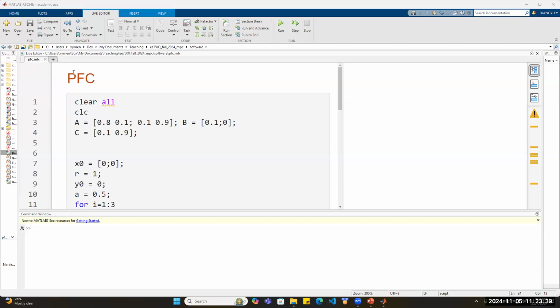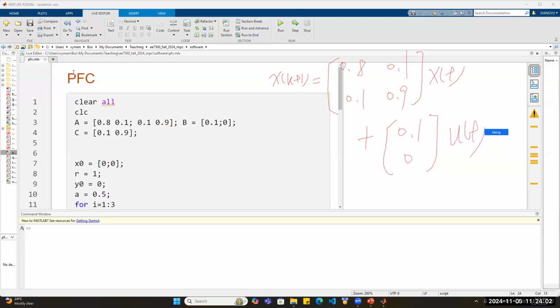So it is x(t+1) equals the A matrix, 0.8, 0.1, 0.1, 0.9, times x_t, plus the B matrix times u_t.